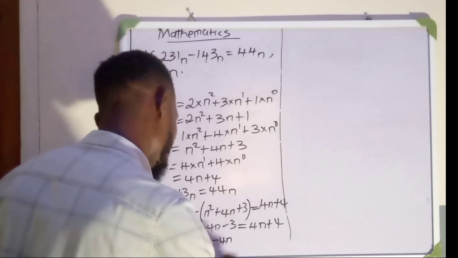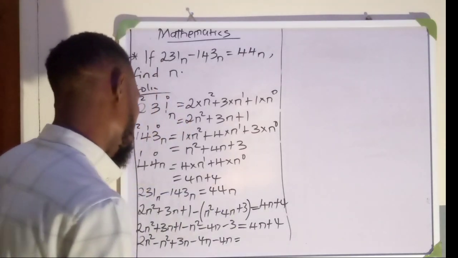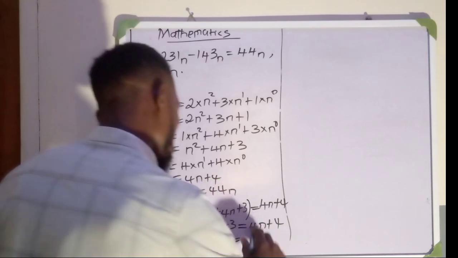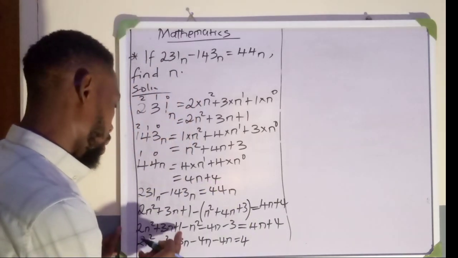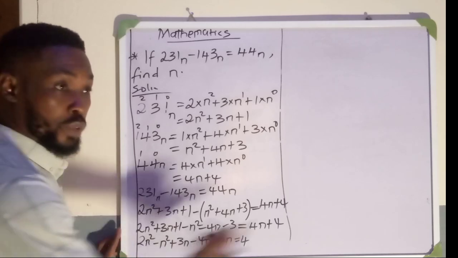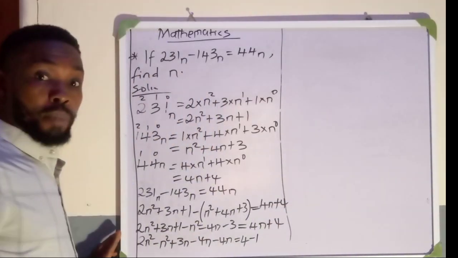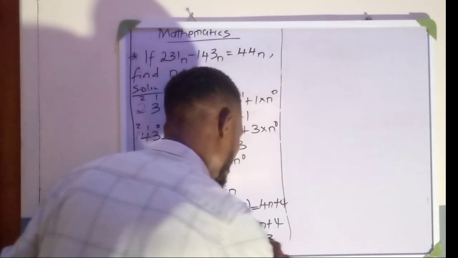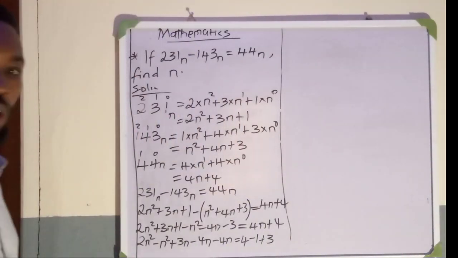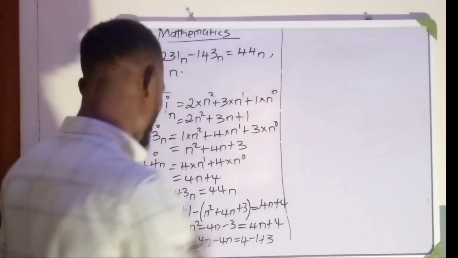And everything is equal to, on the right hand side we have 4 already, plus 1 on the left coming to the right becomes minus 1, and minus 3 on the left coming to the right becomes plus 3. This is what we have. Right, this is what we have now.